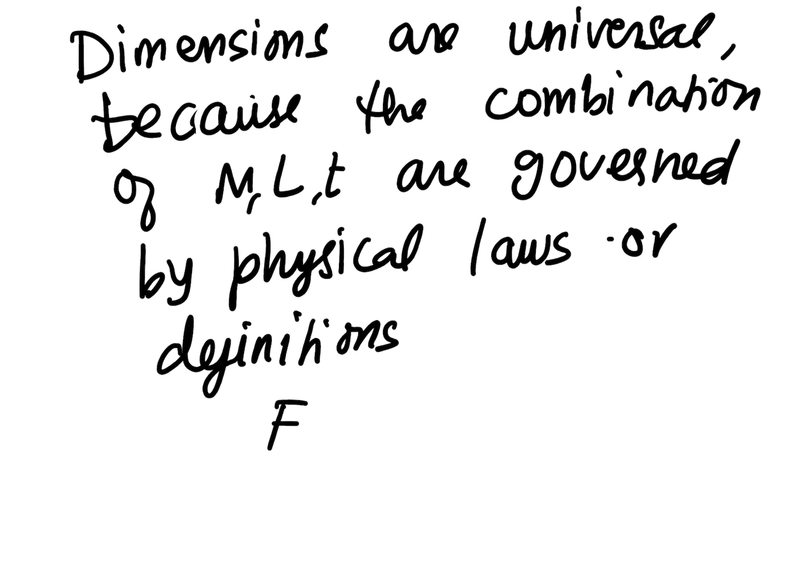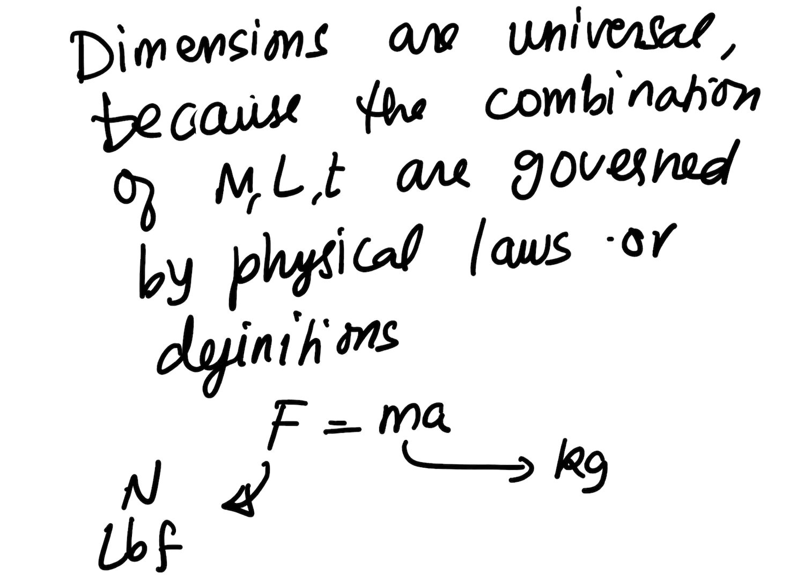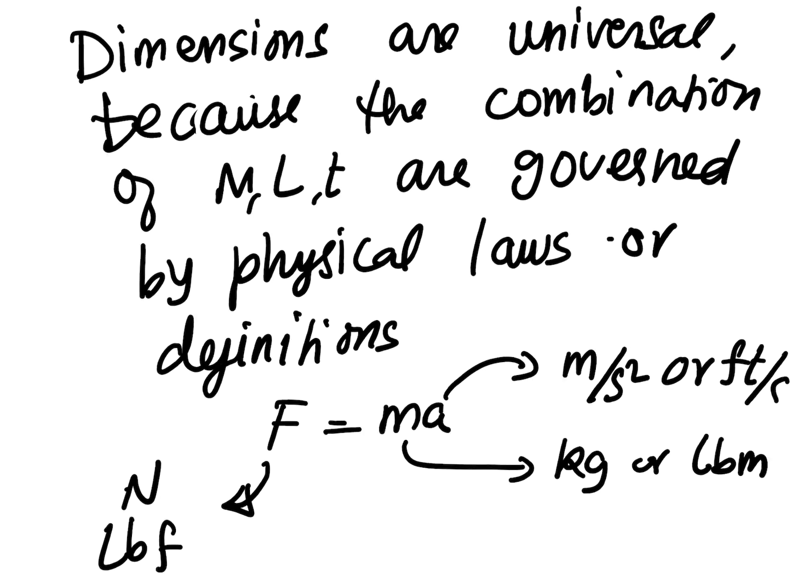Like, for example, Newton's law is F equals ma, whether you measure force in Newton or pound force. It's valid whether you measure mass in kilograms or pound mass. It's valid whether you measure acceleration in meter per second squared or feet per second squared.